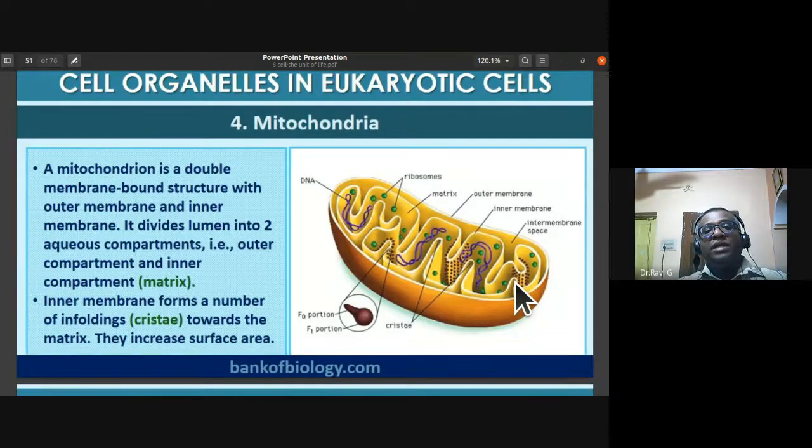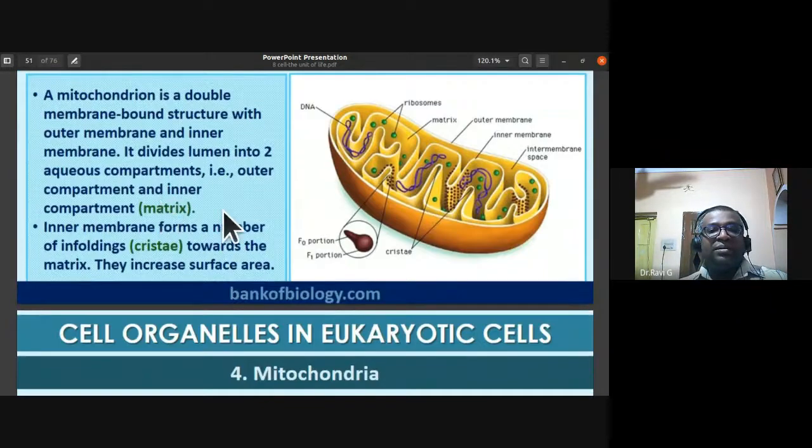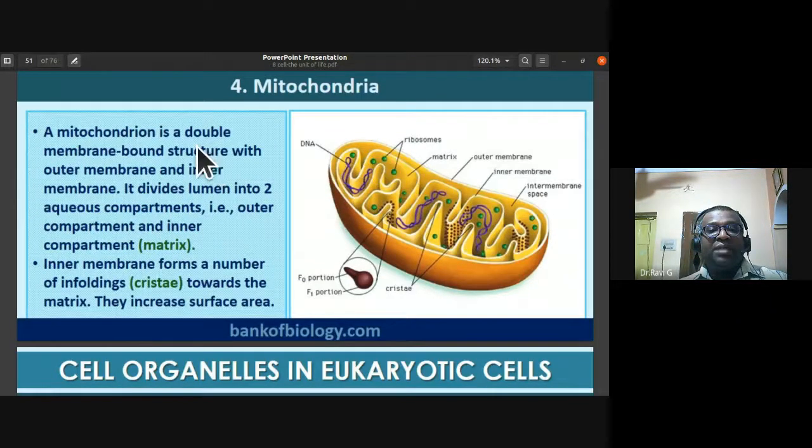So mitochondria is a double membrane bound structure. They have an outer membrane and an inner membrane. In between you have the perimitochondrial space. What you can notice is that a mitochondrion is a double membrane bound structure with an outer membrane and an inner membrane.